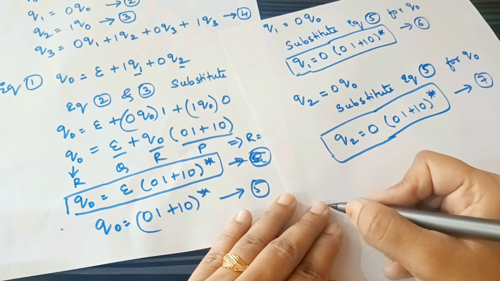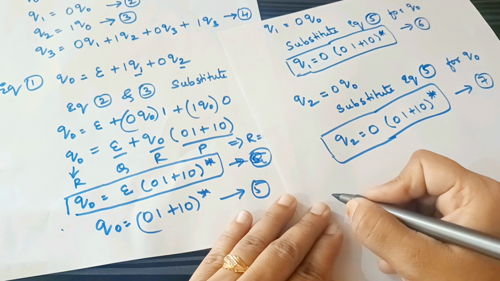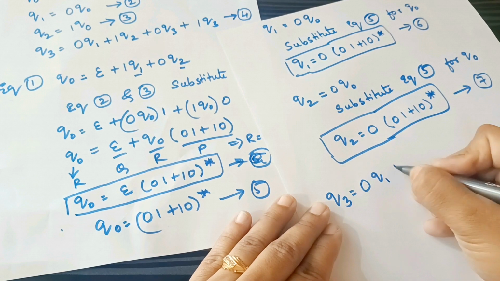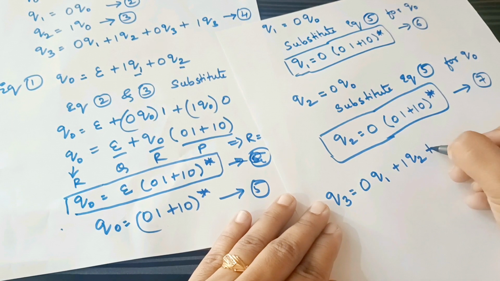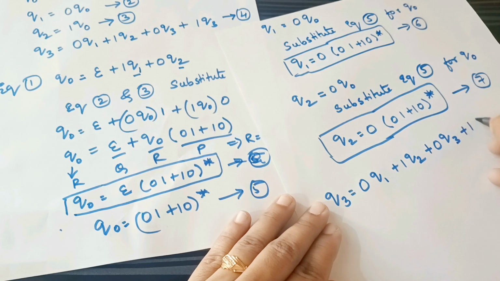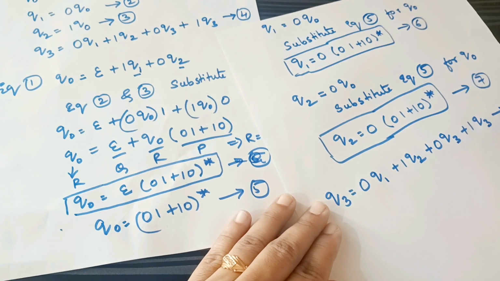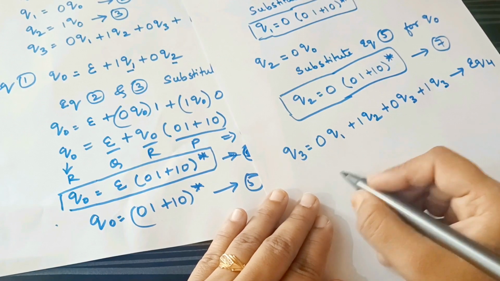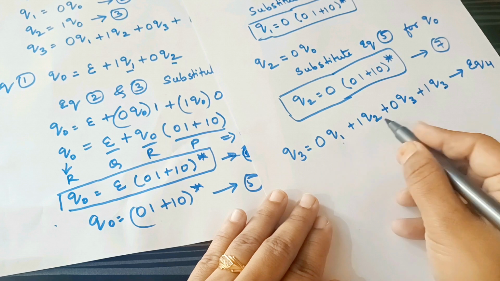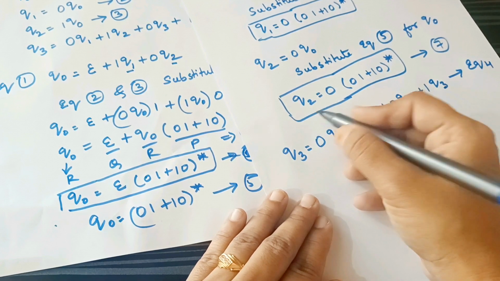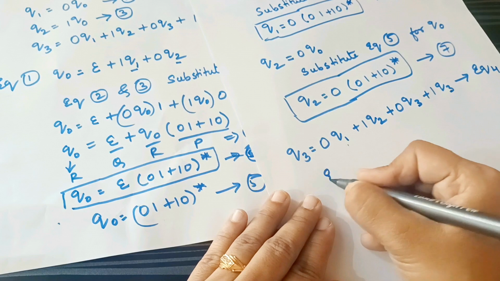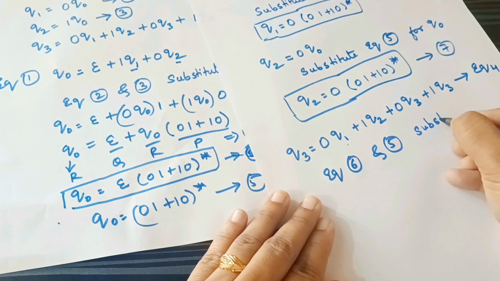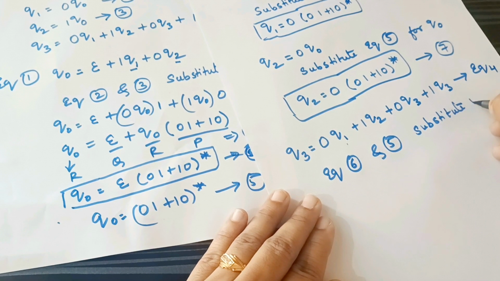Next, again we have to look at the Q3 state, that is 0 into Q1 plus 1 into Q2 plus 0 into Q3 plus 1 into Q3. This is equation 4, which we are substituting. We have to substitute the Q1 value and Q2 value from equations 6 and 7.